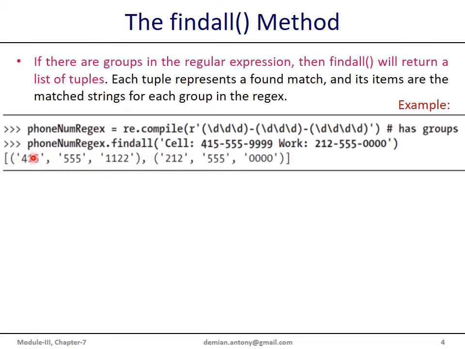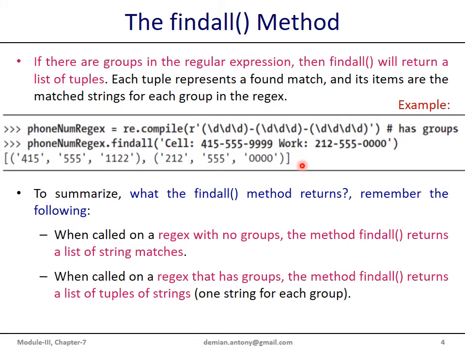The first tuple contains three matched groups. This is the first group, second group, and third group, and this is the second item in the list, the second tuple representing the second number with three different groups. To summarize what the FindAll method returns, remember the following. When it is called on a regular expression with no groups, the FindAll method will return a list of strings which the regular expression matches.